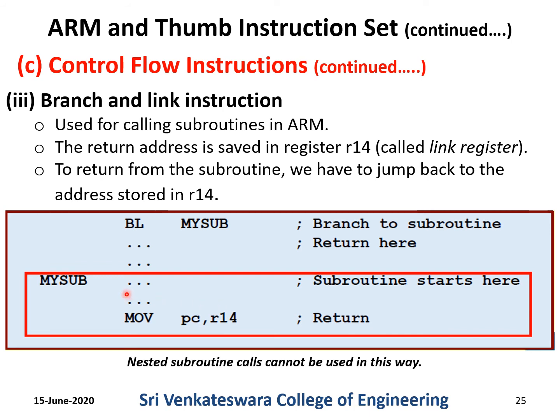Because if a BL instruction is executed within the subroutine, the R14 register will be overwritten with the new PC value. So the previous program counter content, which is pointing to the next instruction below the BL instruction in the main program, will get erased. So that's why we cannot make use of a BL instruction within the subroutine if we use branch and link in this way. But there is a way by which nested subroutine calls are made possible.